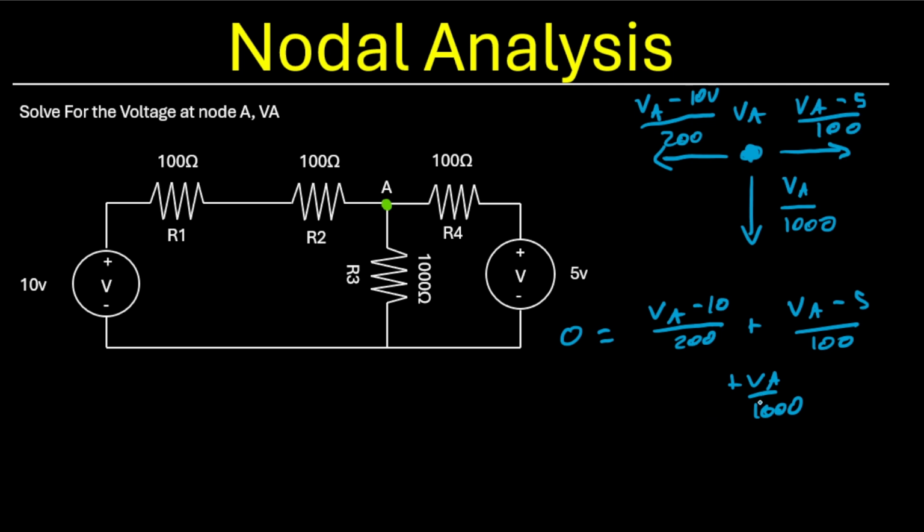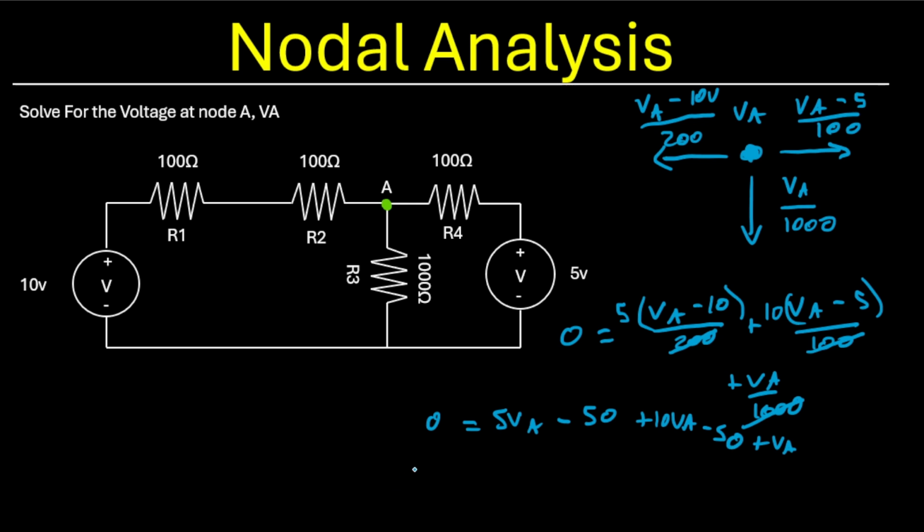We can multiply everything by 1,000 to get that denominator to go away. This one goes away. There's a factor of 5 on the top. This one goes away, and there's a factor of 10 on the top. So we get 0 equals 5 VA. After we distribute everything, we get minus 50 plus 10 VA minus 50 plus VA.